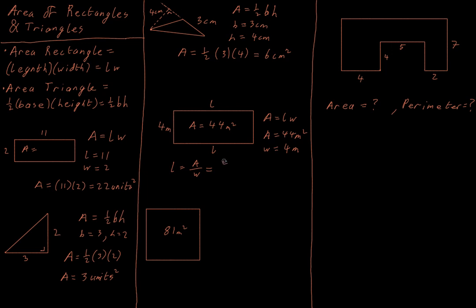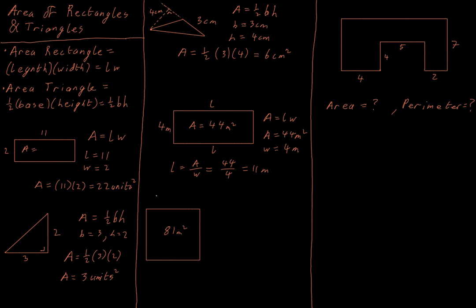So I have 44 and I'm dividing it by 4 and I get 11, and I know that's going to be meters because I'm dealing with a length. So again, in English we would say, what number would I multiply 4 by in order to get 44? And that's mathematically equivalent to saying the length would be equal to 44 divided by 4, and we get 11.